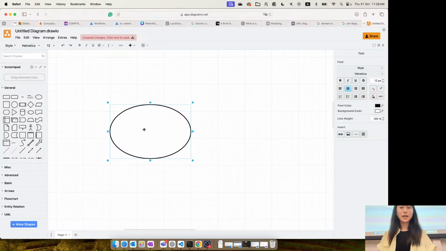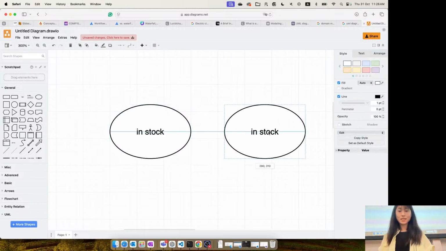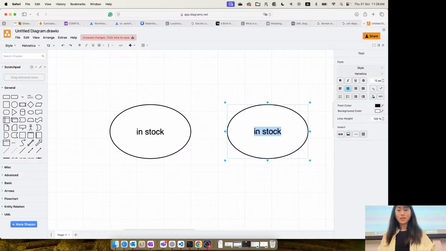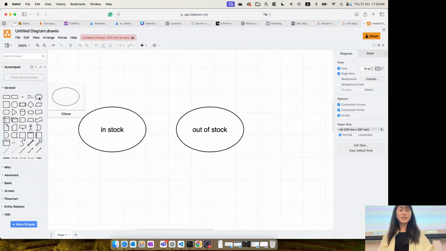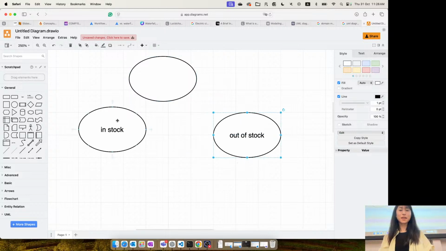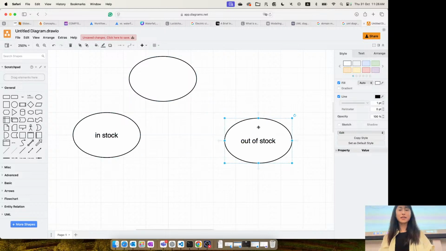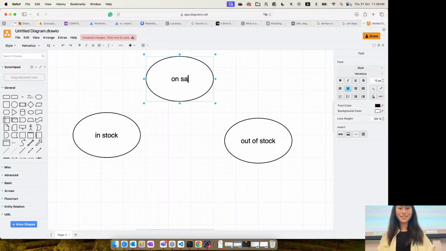So I'll start with the first one of the book, maybe in stock. Other states? Out of stock, yes. Out of stock. Anything else? Just put them here and we can organize them later. On sale. On sale? Yeah, that's a good one.